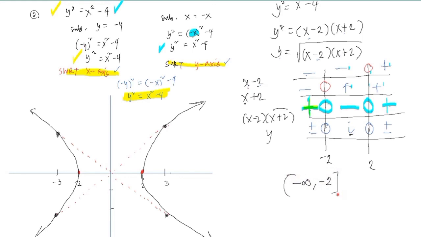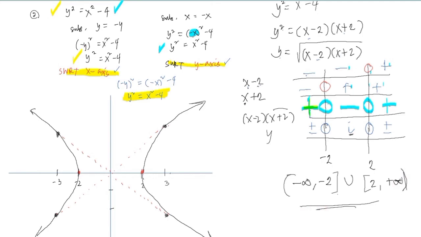Kasi kasama si negative 2, no? Union of the set from 2 up to the positive infinity. So, ibig sabihin, etong set na to na nakikita natin is part of the domain ng function.